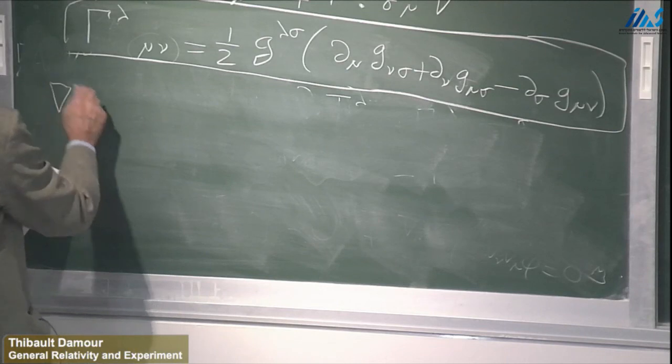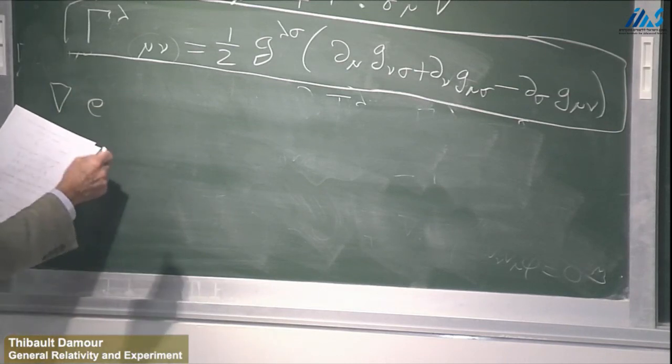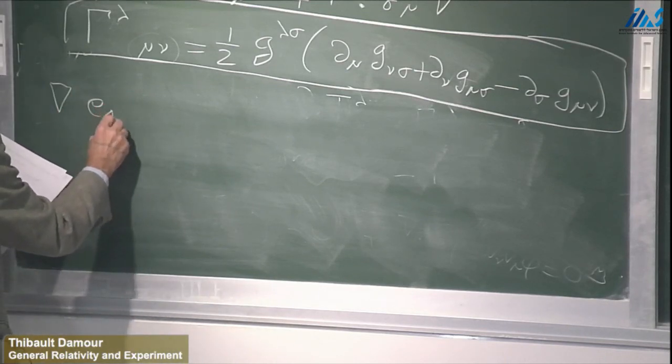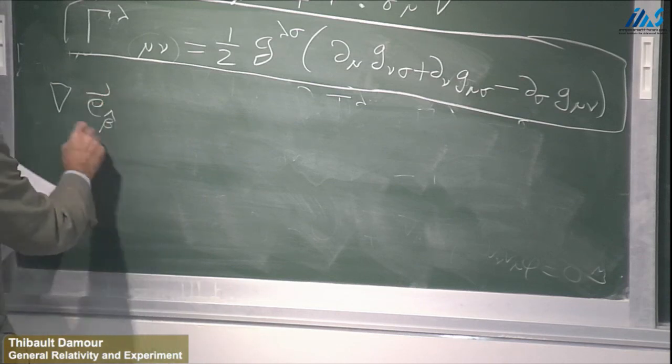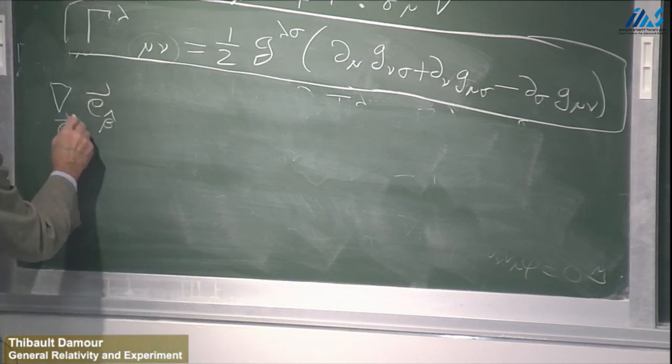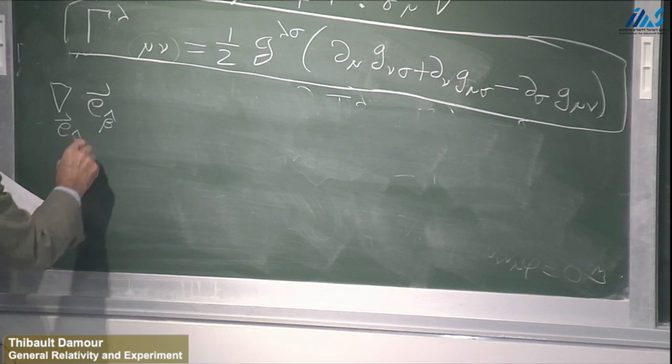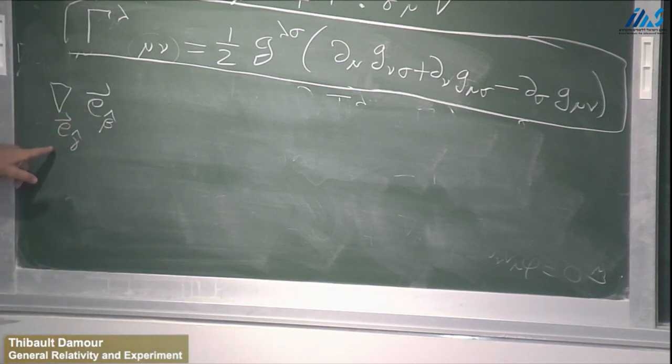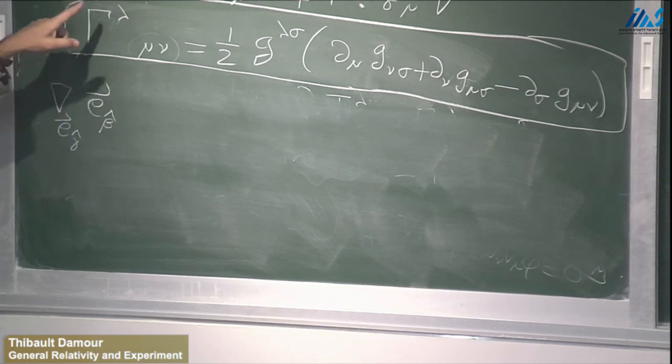Now, if I have a frame, that is, a set of independent vectors at each point, E beta, what is this object? It means I have a vector field and I act on it with the covariant derivative.